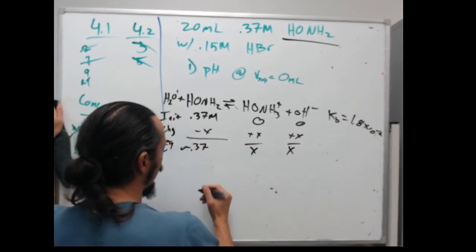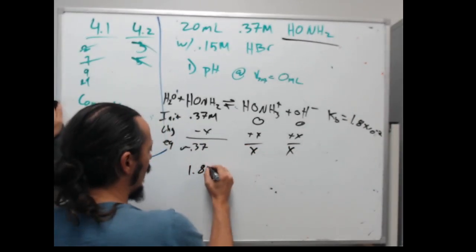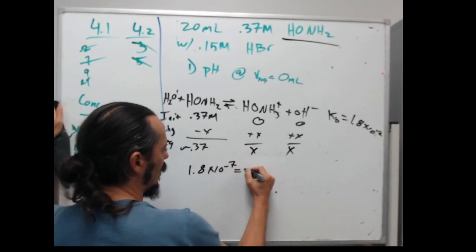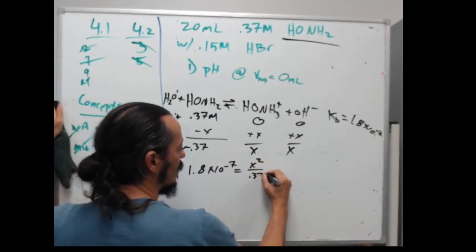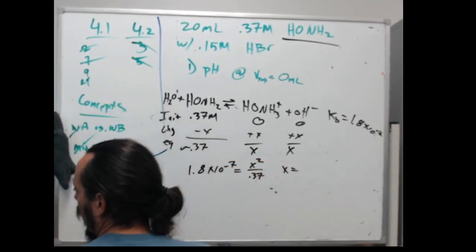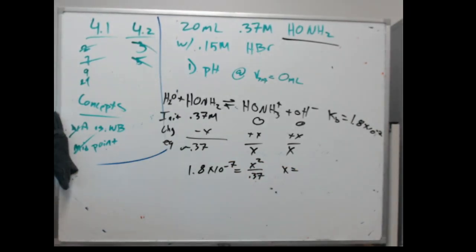Then I'm going to have 1.8 times 10 to the minus 7 equal to x squared over 0.37. That was slow enough, right? Yeah, because we're really good at these now. 1.8 times 10 to the minus 7 times 0.37, square root.